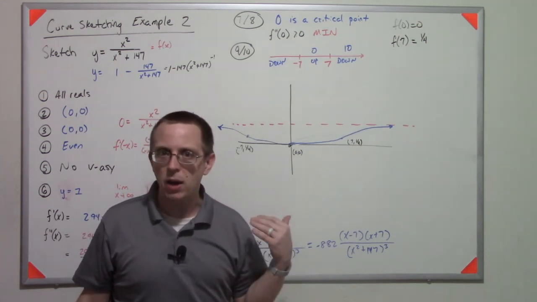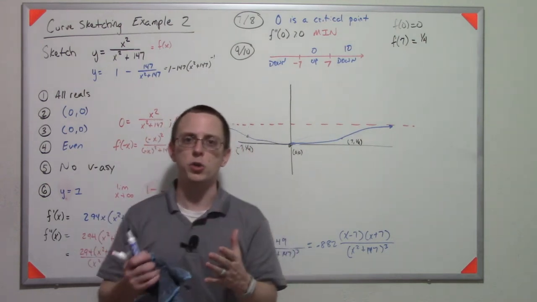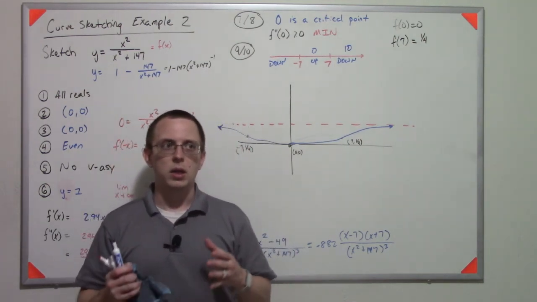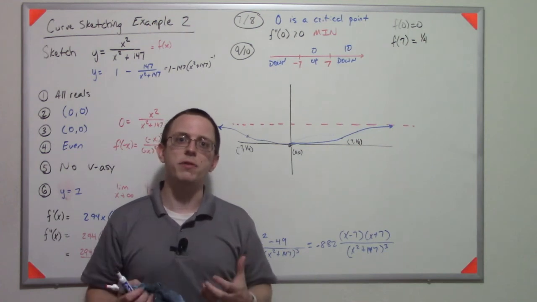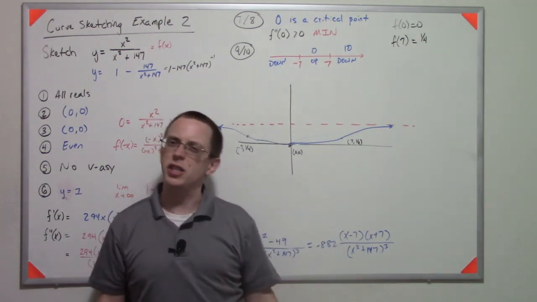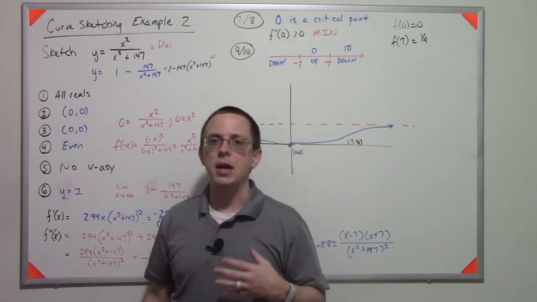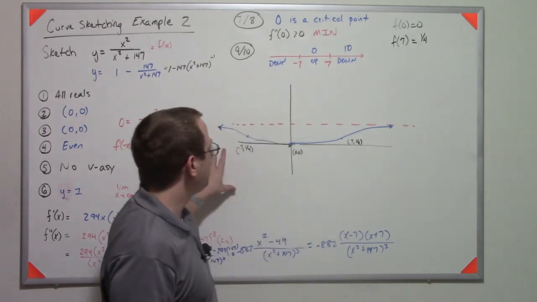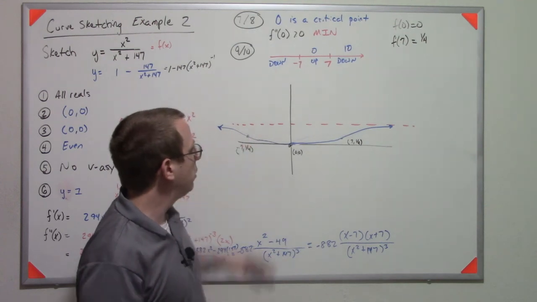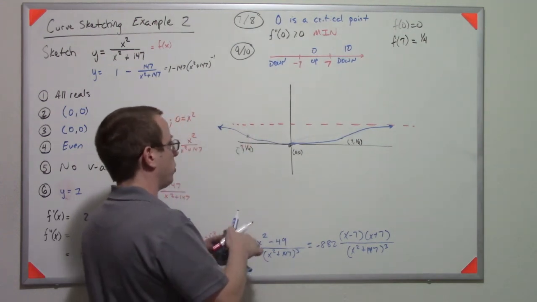And that isn't a big pat on the back for me. That's an encouragement that if you can do this enough times, even when curve sketching, you can go, that just seems wrong. That seems very wrong. And as a result, you can determine that the behavior just looks off.